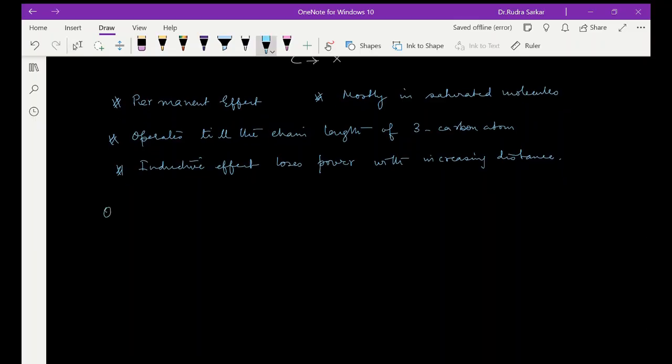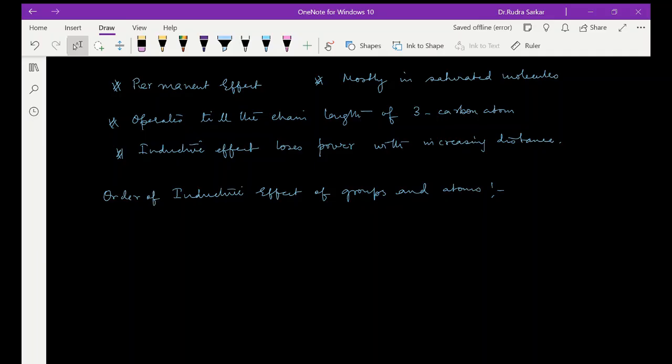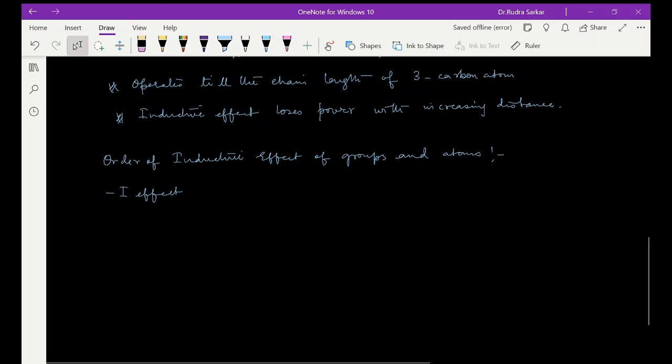Now, what is the order of inductive effect of, say, groups and atoms? So we will say for minus I effect, this is the order that it will follow.